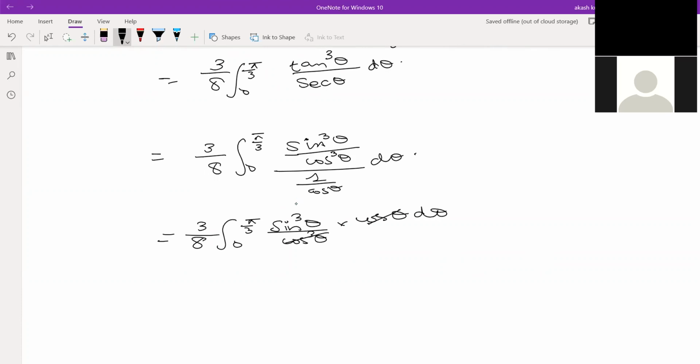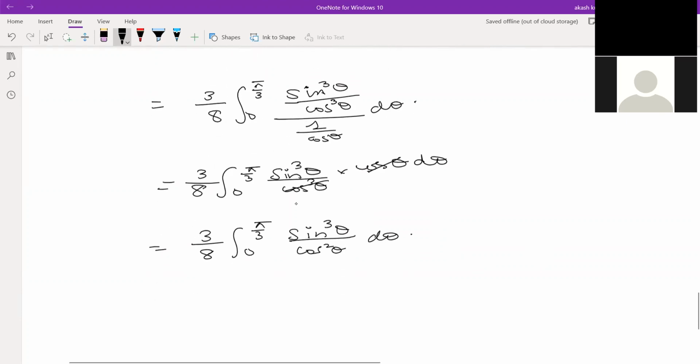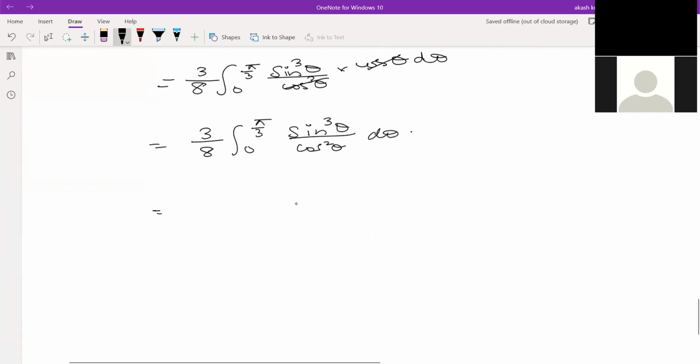So this cos is cancelled out with this cos. We are left with 0 to pi by 3 sine cube theta over cos square theta d theta, with 3/8 outside.